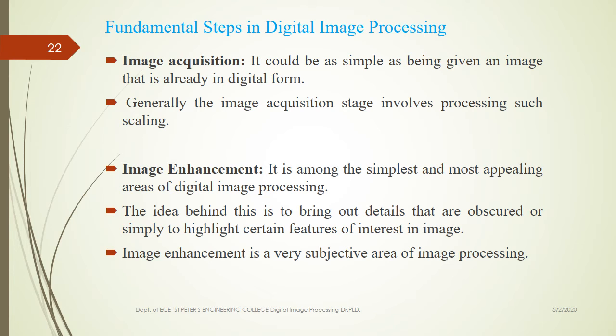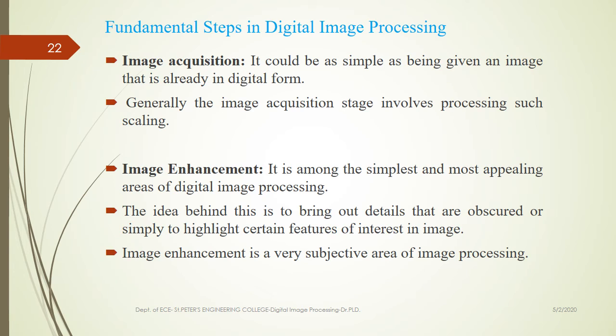The idea behind this is to bring out details that are obscured, or simply to highlight certain features of interest in images. Image enhancement is a very subjective area of image processing, and image restoration is an objective area.